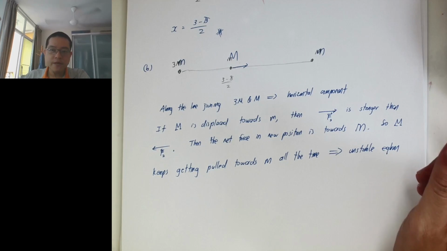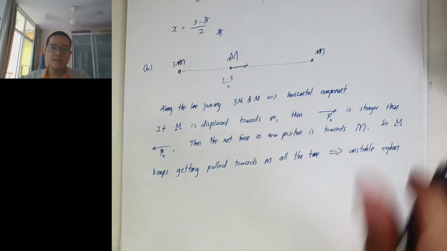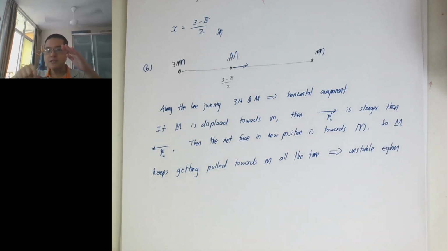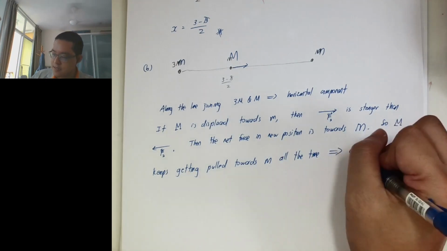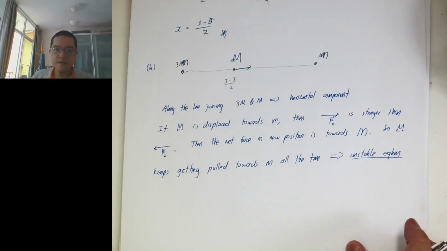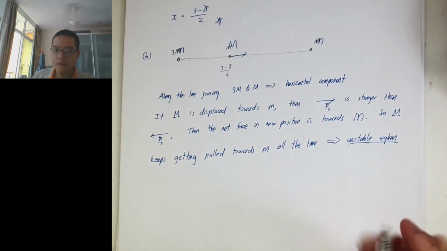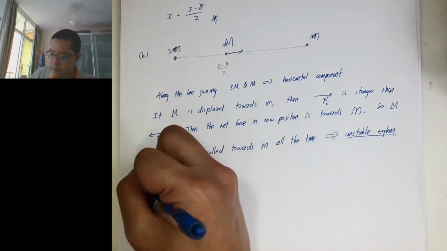Like a mountain peak with a rolling stone. Because the potential on the left and right is lower, it will keep on going like this. So the answer is the equilibrium is unstable. That is for part B.